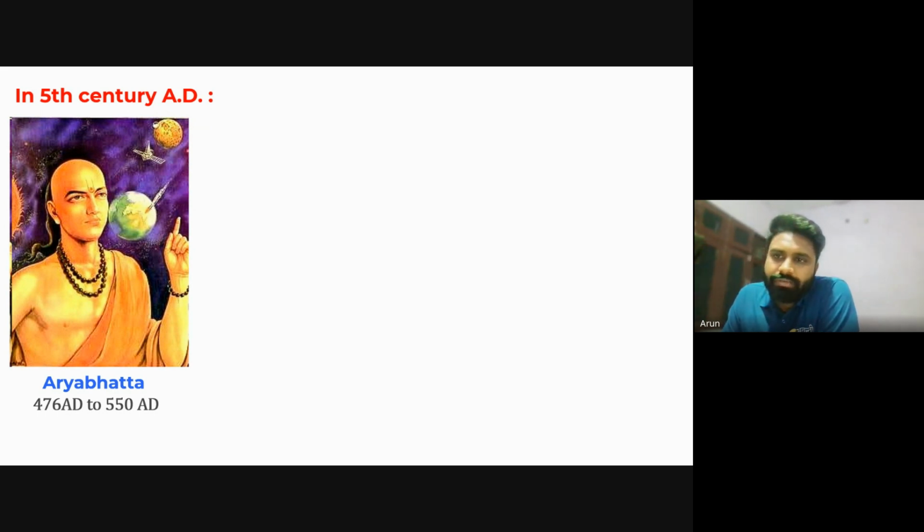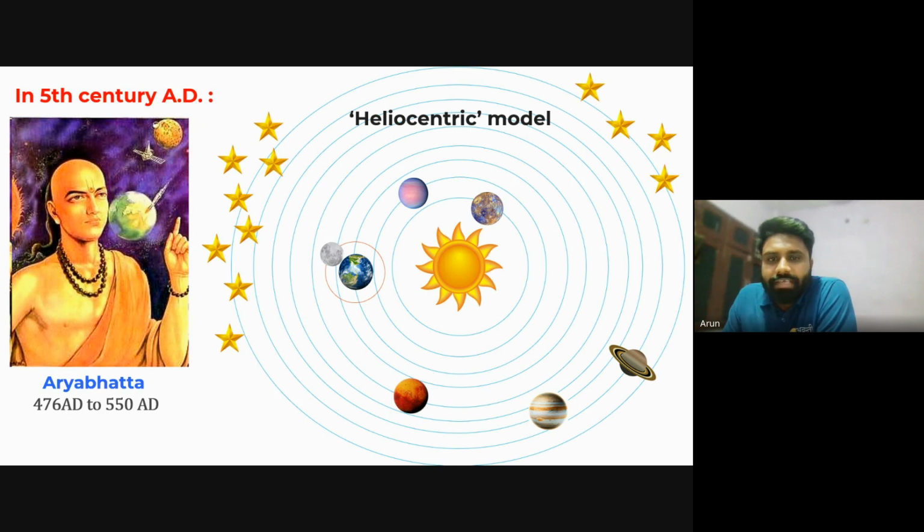They also gave the model, the heliocentric model, the most reliable one of that time, in which we have the sun at the center of the solar system, and each and every planet present in this solar system is revolving around the sun. But in this heliocentric model, the orbit in which the planets are revolving is assumed to be circular. Got it?